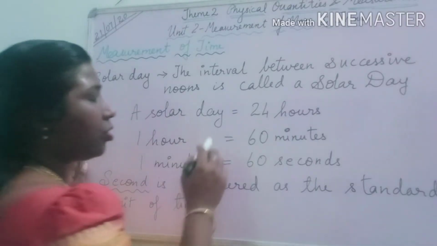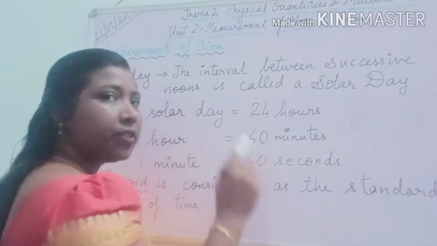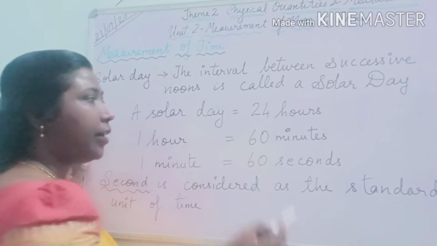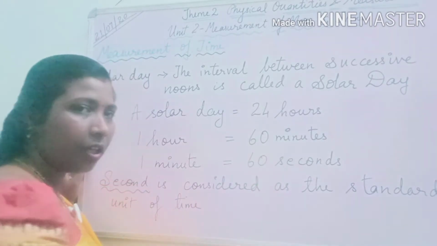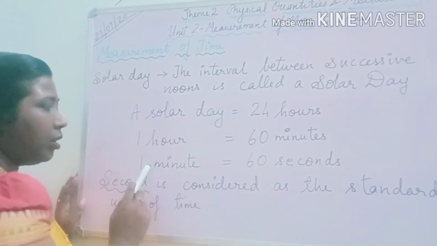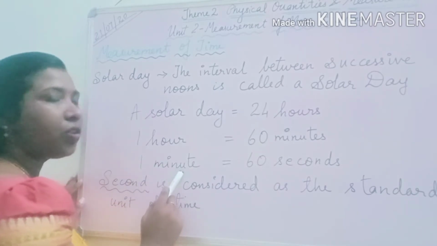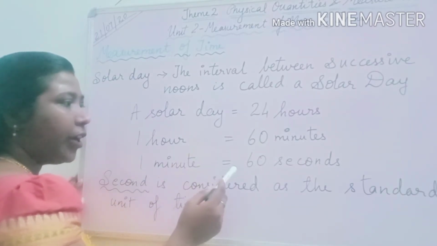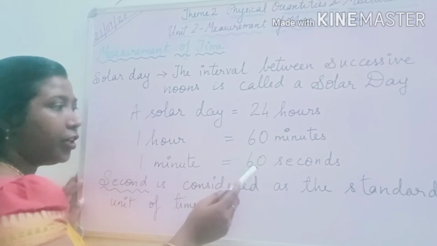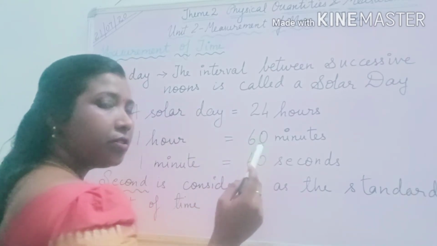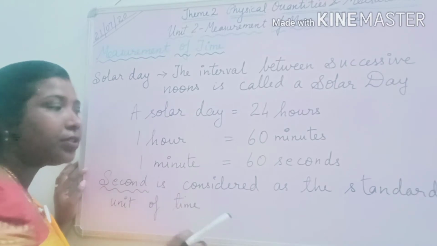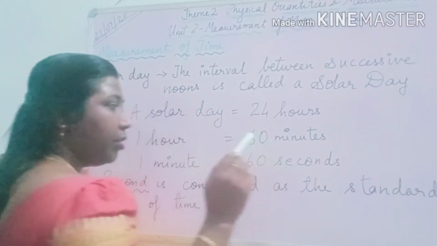And 1 hour is also further divided into 60 equal intervals, that is known as a minute. Then 1 minute is also divided into 60 such equal intervals, that is called a second.